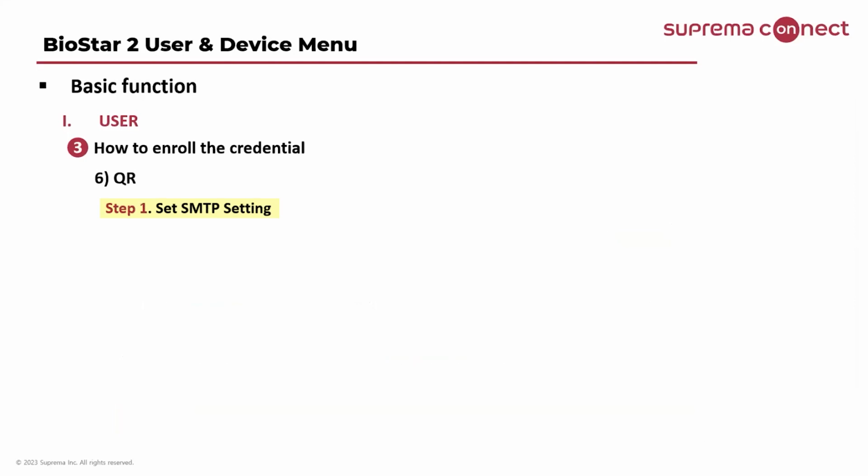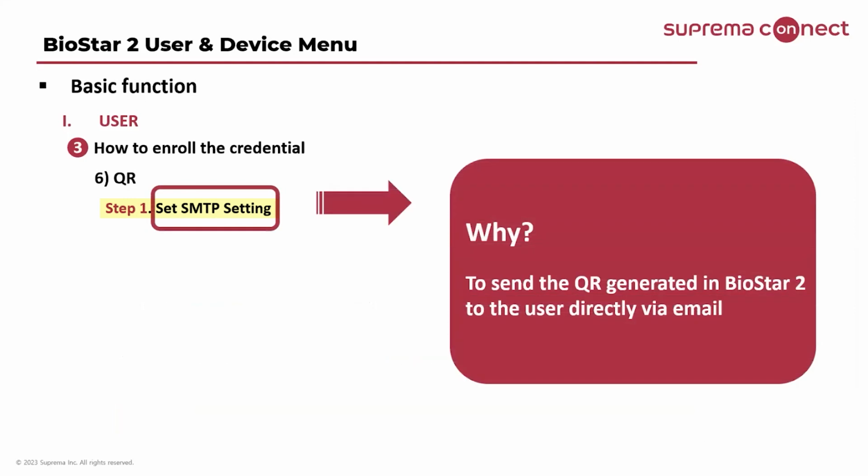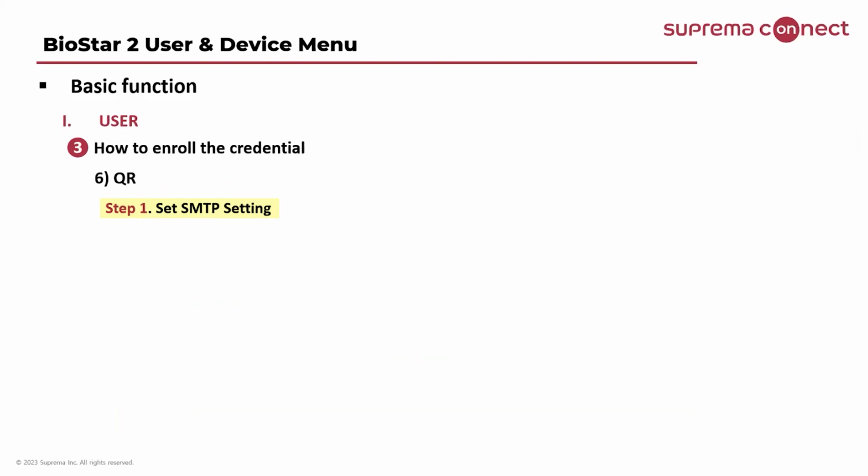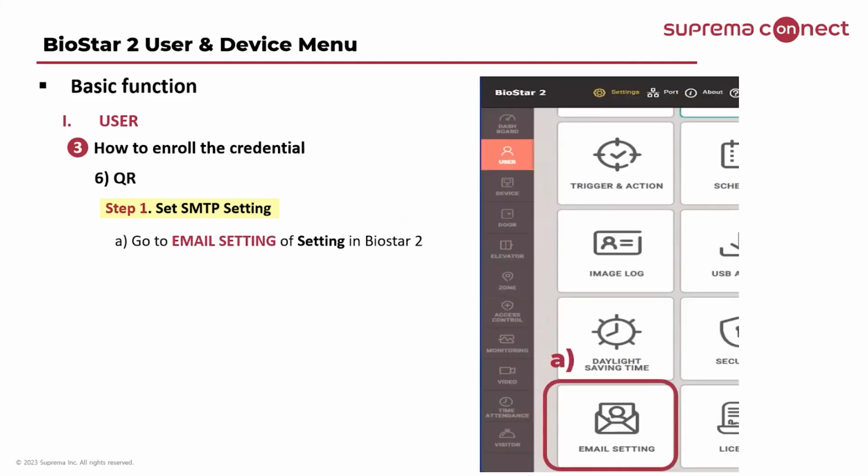At this time, you may wonder why the SMTP setting is needed, and because it makes it possible to send the QR generated in BioStar 2 to the user directly. And to set SMTP setting, firstly, go to the email setting in BioStar 2.